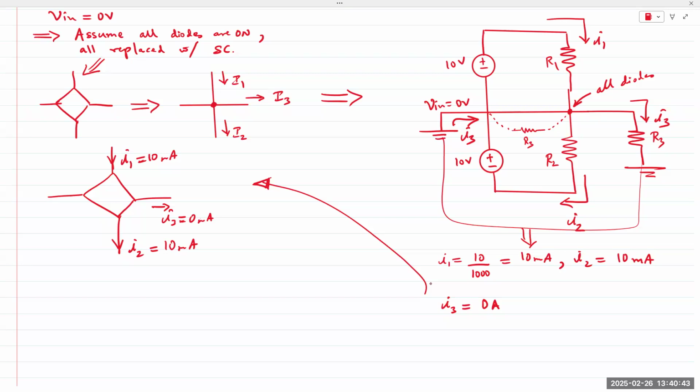Diode currents must be in this direction because all diodes are pointing down. So ID1, ID2, ID3, and ID4.